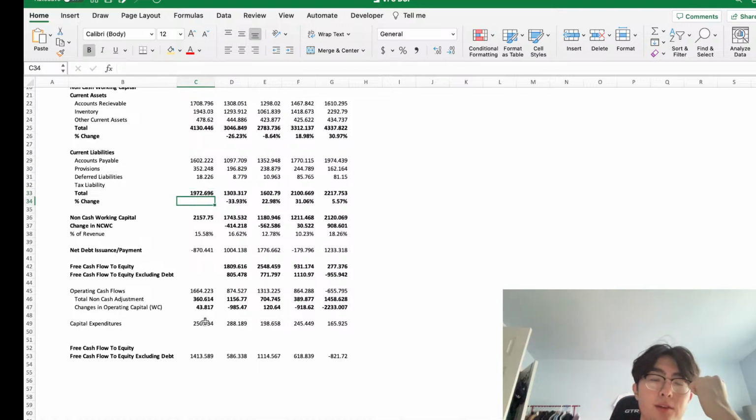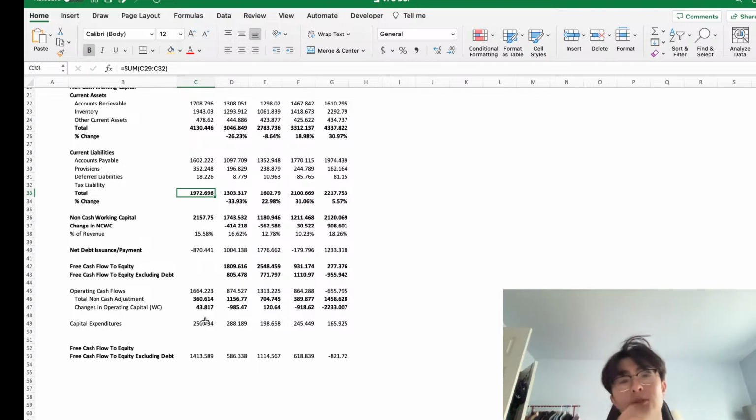Okay, so that's how we got from a manual standpoint to our free cash flow to equity. Now, when we look at a different way to get to free cash flow to equity, Damodaran suggests that we could start by using the statement of cash flows.